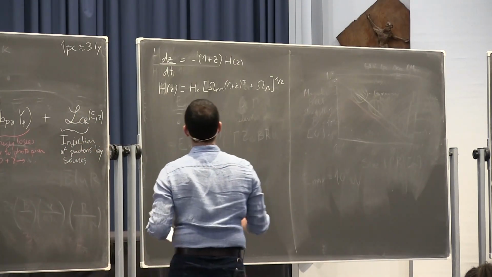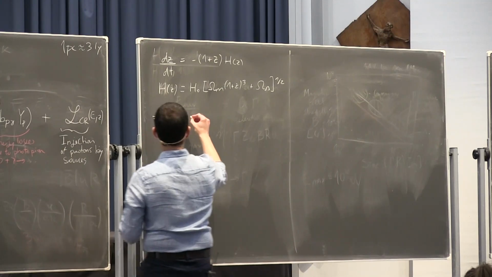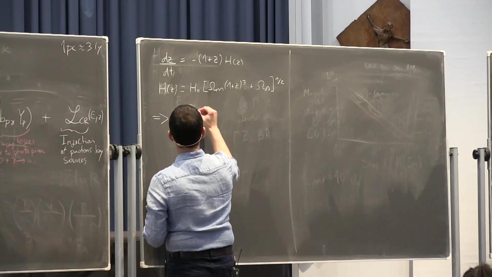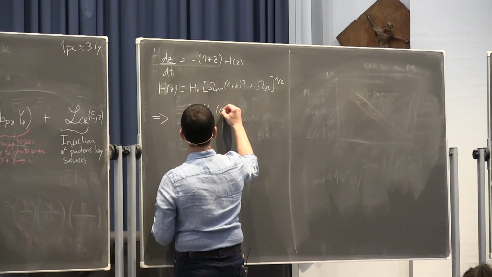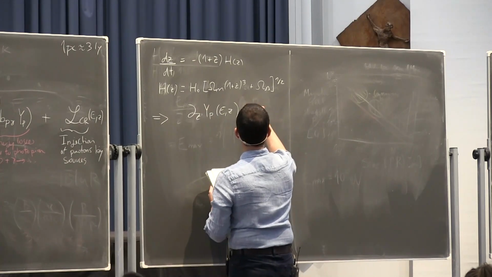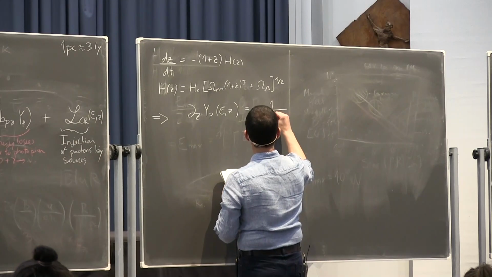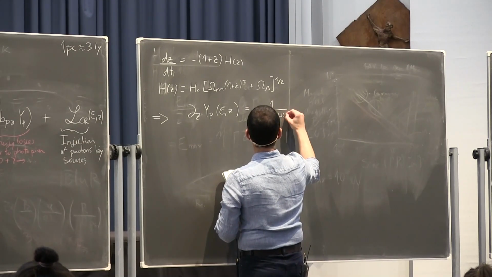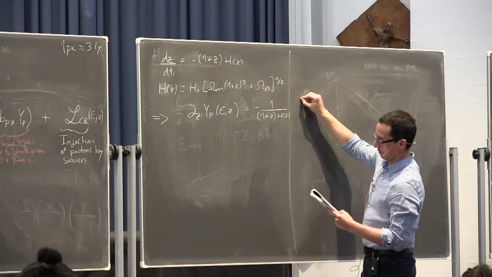So if we use this, then we can recast the equation. It looks fairly similar to what we had before, but just for completeness, let me write it here. We're going to have a factor of 1 plus z in the denominator, and the rest proceeds as before.